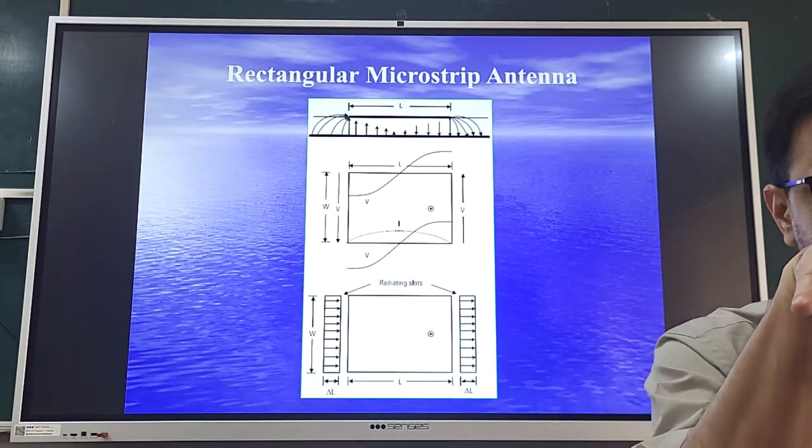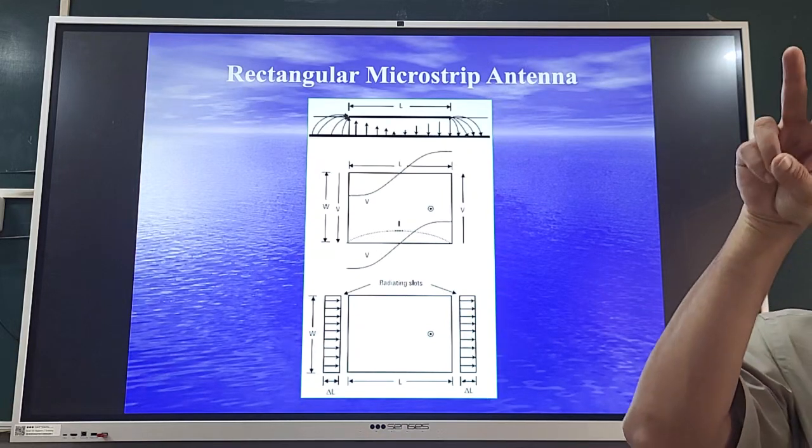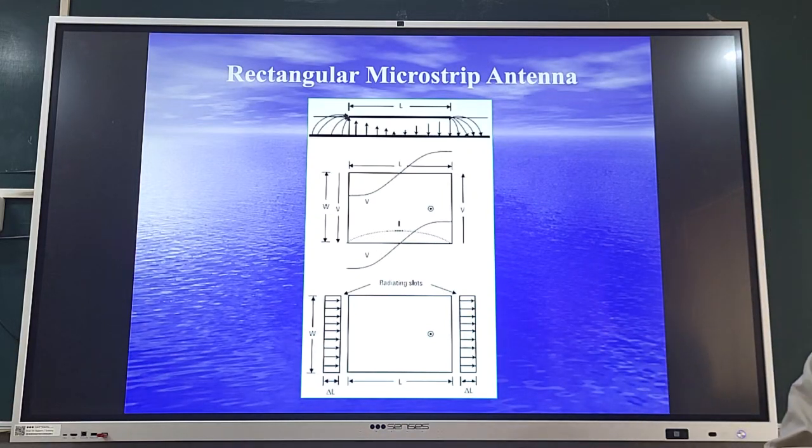So the fringing field sees two dielectric constants through its passage: one air and dielectric combination and one dielectric only. And that leads to the concept of effective dielectric constant. Now that effective dielectric constant is a function of the width of the patch, because the width of the patch decides your fringing, as well as the substrate thickness.